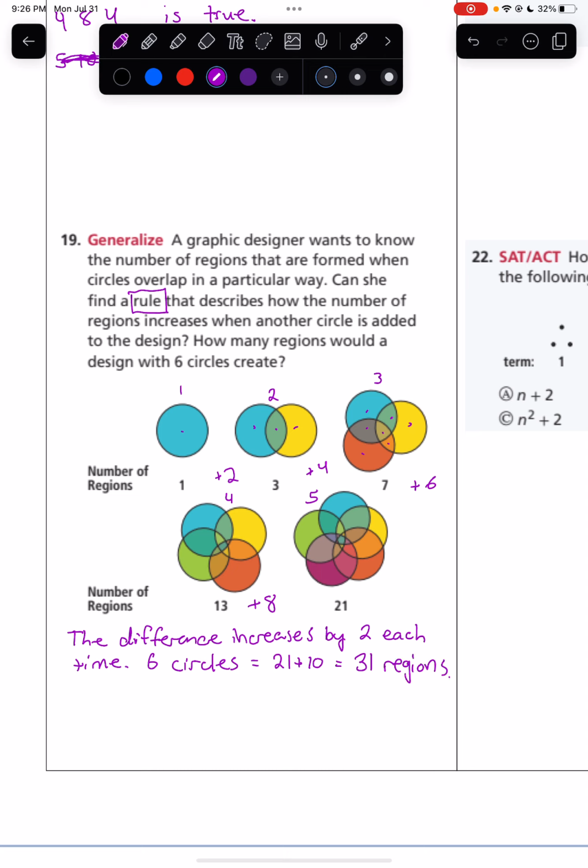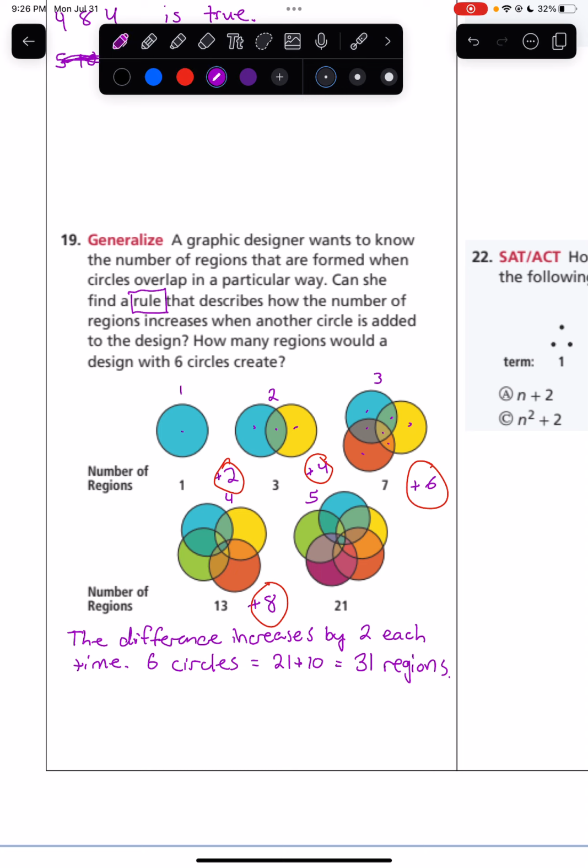If you wanted to get really ambitious, there is also an algebraic formula you can use as the rule that describes the number of regions. You don't need to know how to do this, but if you're interested, any pattern that goes up by a continuing number every time, where it increases by the same thing every time, is going to be a quadratic.